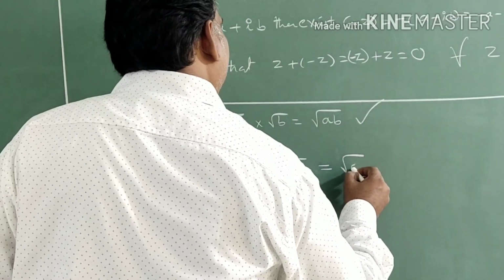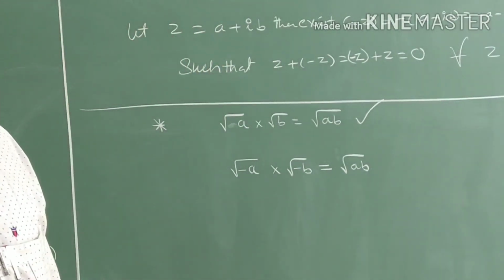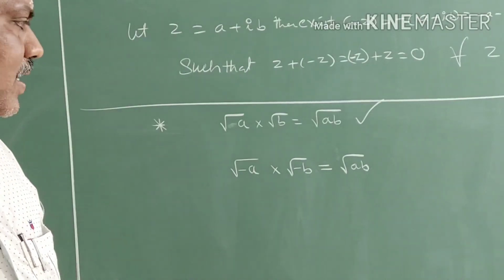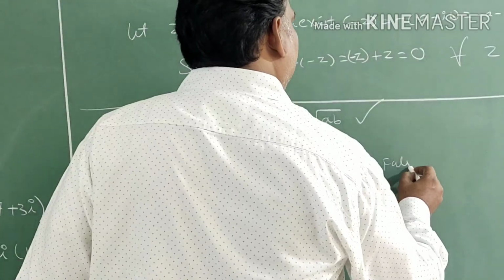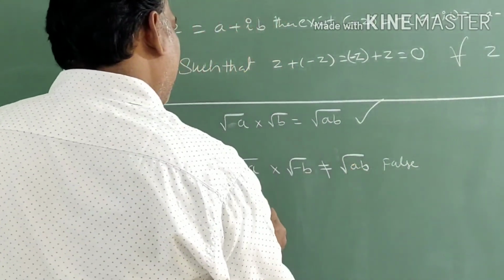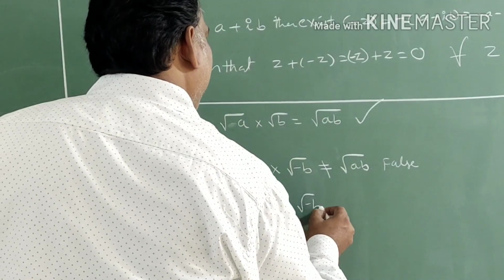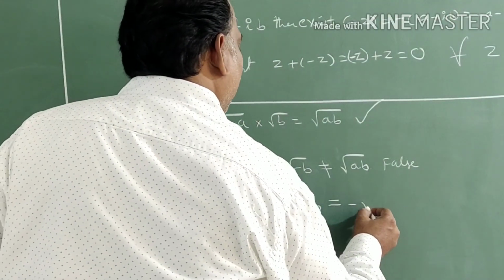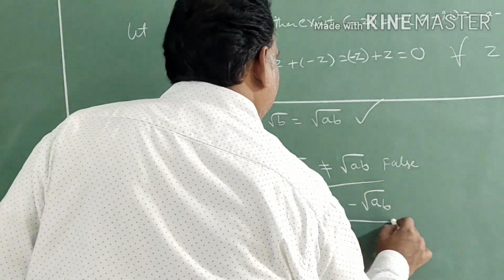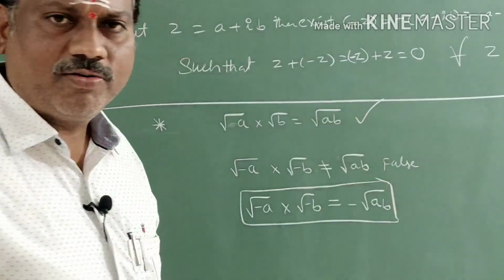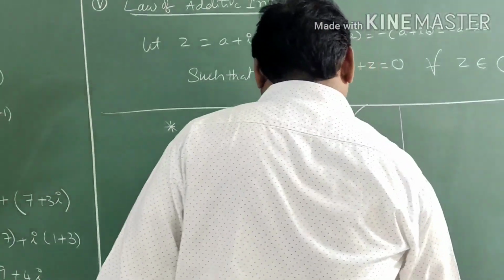We cannot write root over minus a into root over minus b is equal to root over ab; it is a false statement, they are never equal. But root over minus a into root over minus b is equal to minus root over ab. So this is a very important point. How does it become so? I will check it.